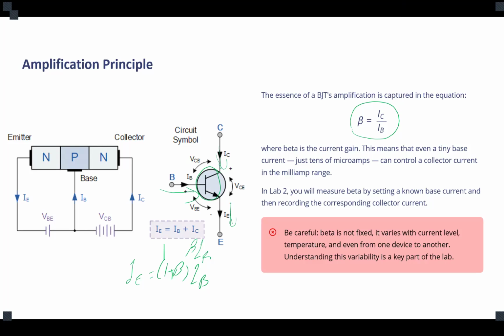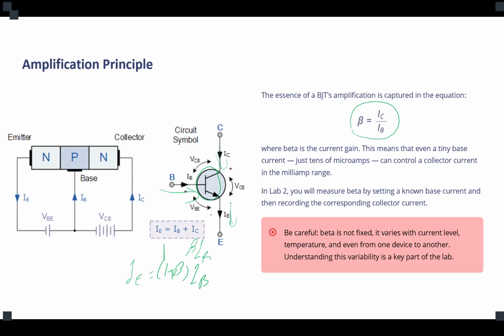So you can imagine the amount of base current in the emitter current is negligible compared to the amount of the collector current.